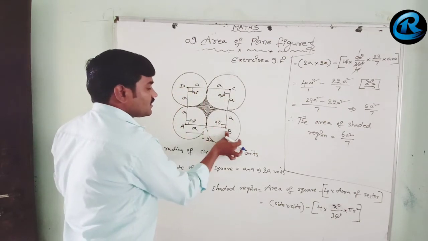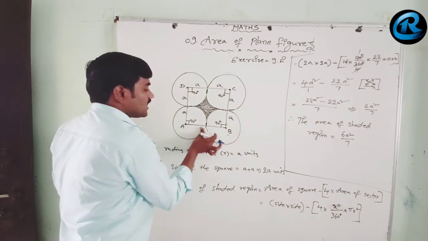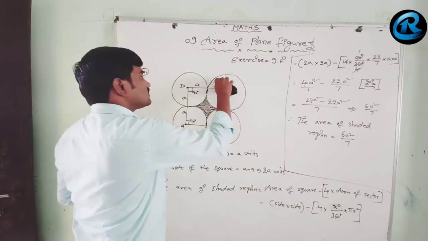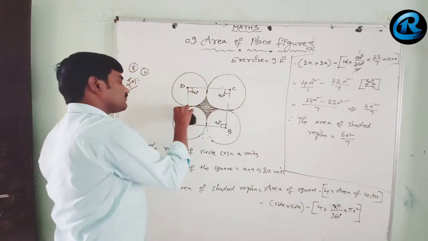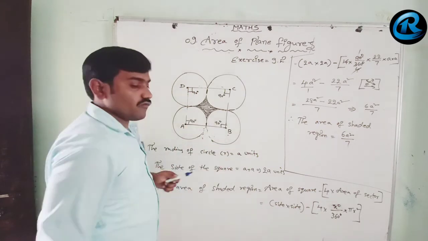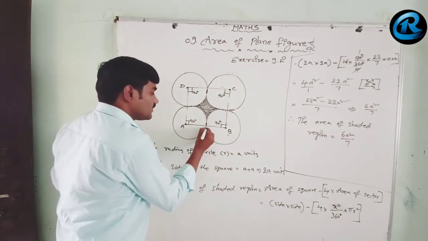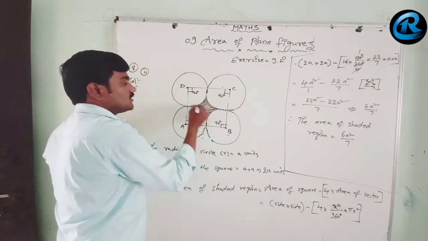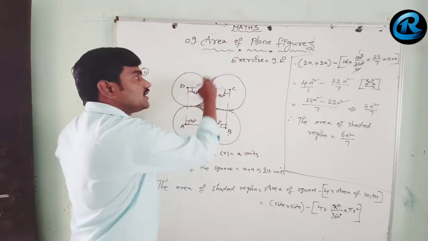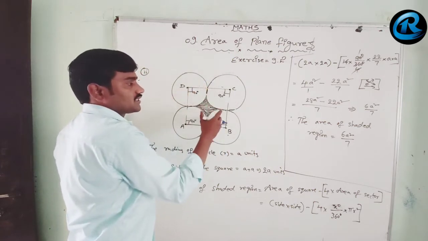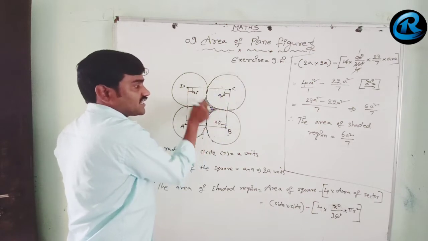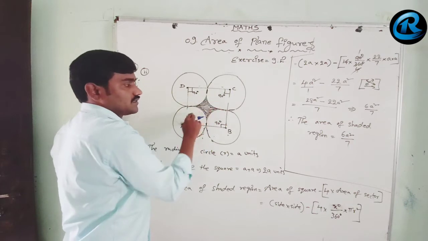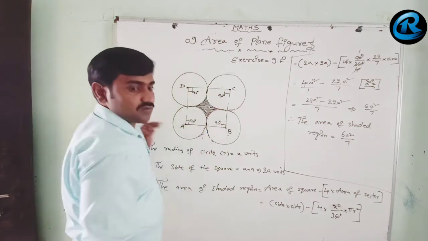In this diagram, these 4 circles come from the 4 corners of the square: one circle from this corner, and the remaining 3 circles from the other corners. The 4 circles intersect each other. One circle is touching the other 2 circles. This circle is touching these 2 circles. That is what it is telling.